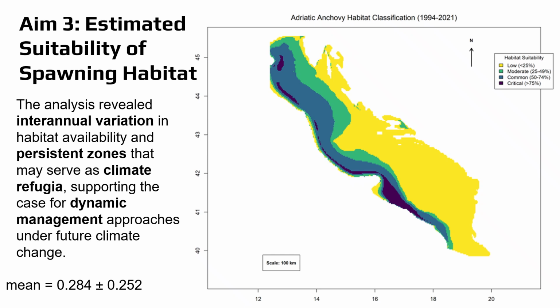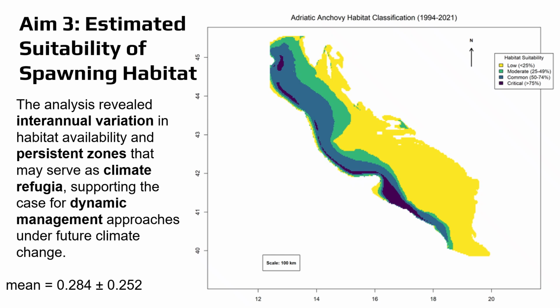The green is indicating moderate suitability, so between 25 and 49%. And areas that are commonly suitable are shown here in blue. And in the dark blue, we're seeing this critical habitat start to emerge. Areas that over this 28-year study period, we see greater than 75% likely habitat suitability.